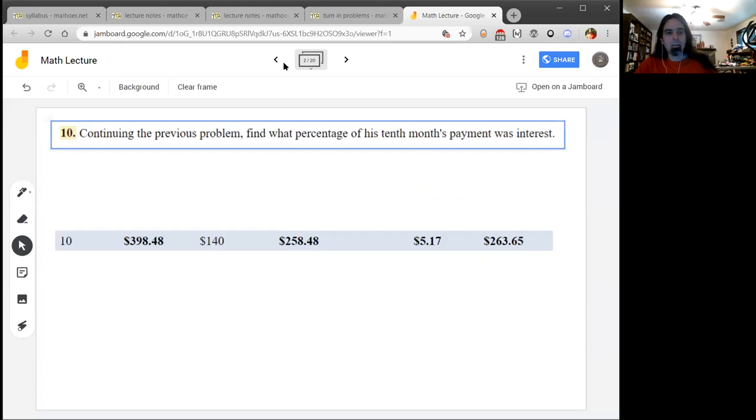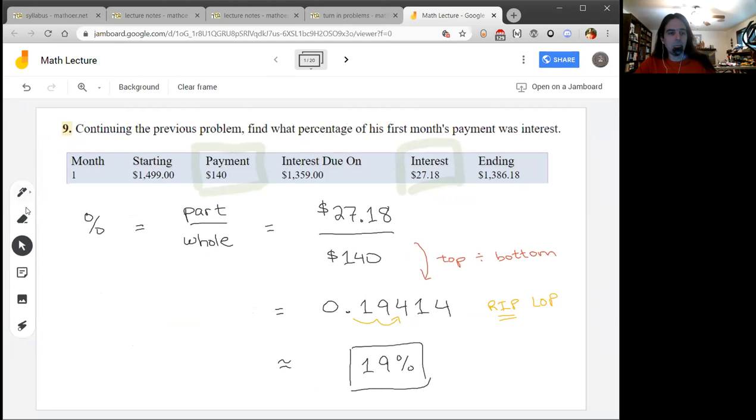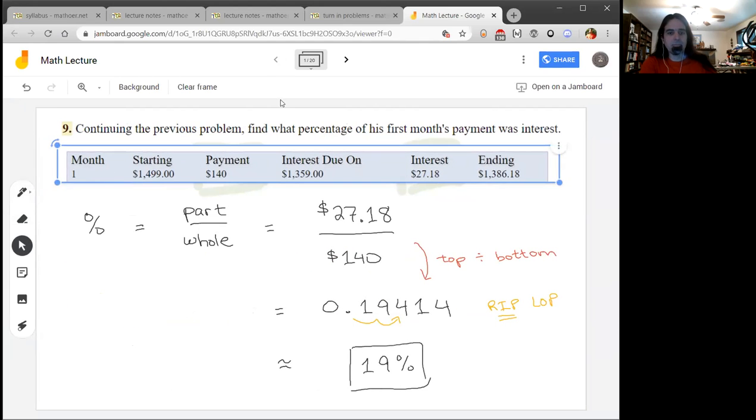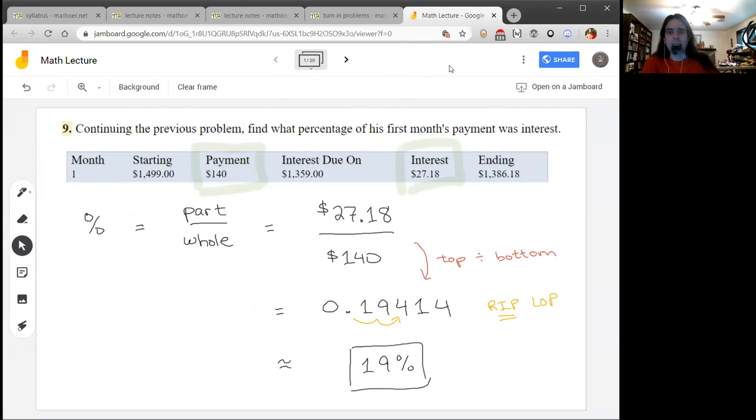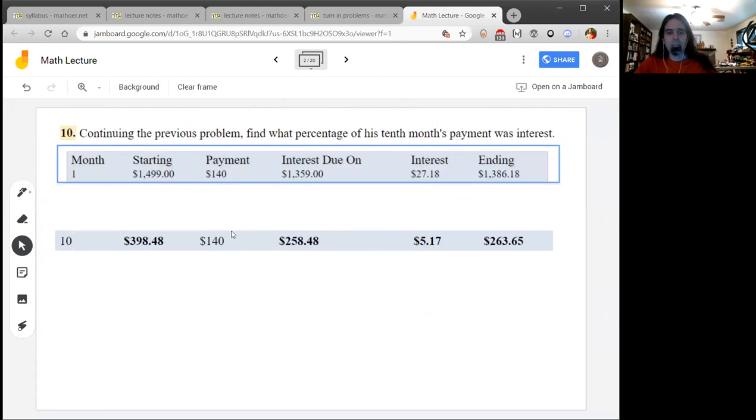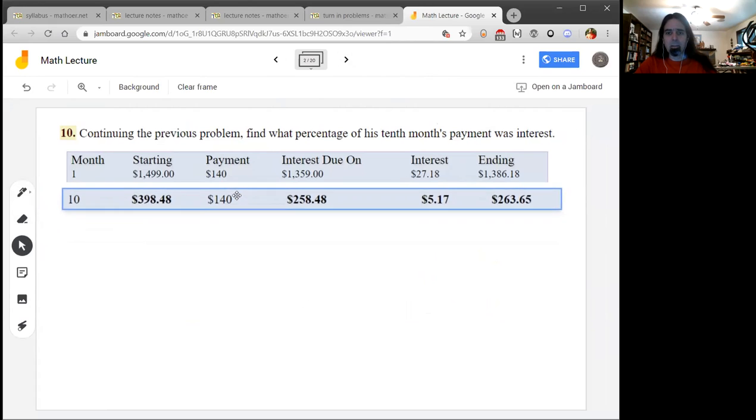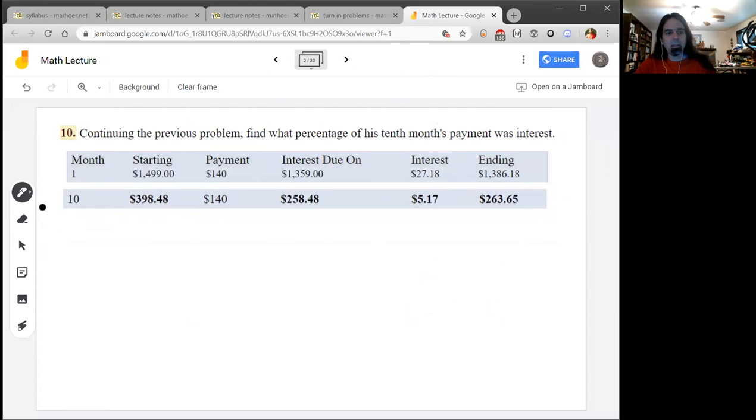So if month 1 was like that, month 10 was like that. And as before, we're going to say there's the interest and there's the payment.